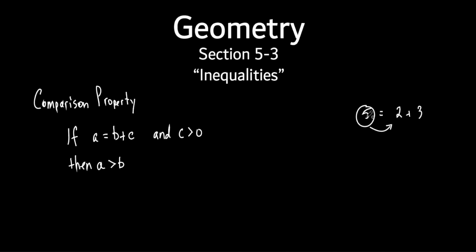So this has got to be bigger than B, or 2, and this also has to be bigger than 3, because if these two add up to this, what they add up to has got to be the biggest. Agreed? Okay. Like I said, it's kind of like common sense. You know what I mean? It's just the fact that we're writing it down. All right? So there you go.